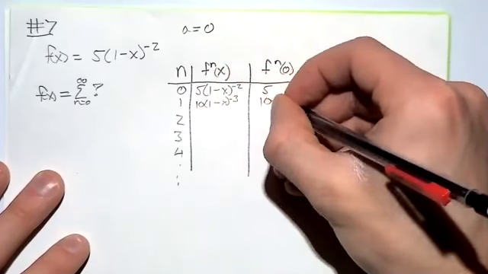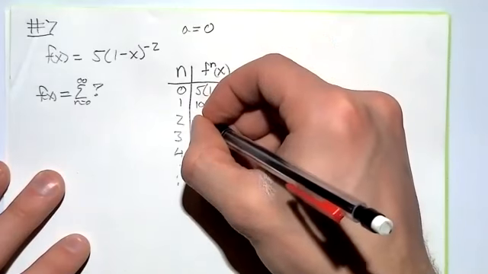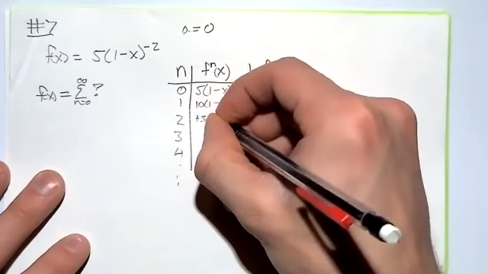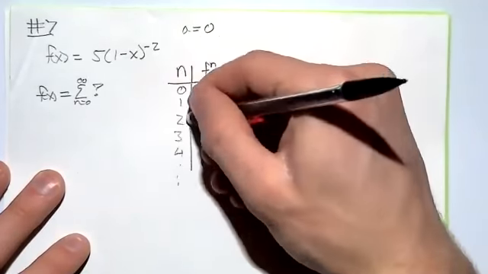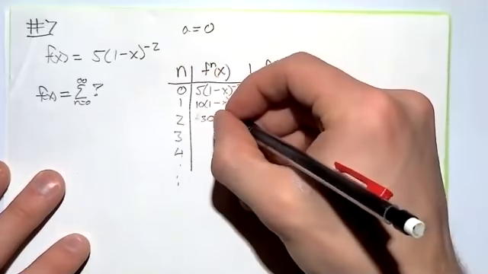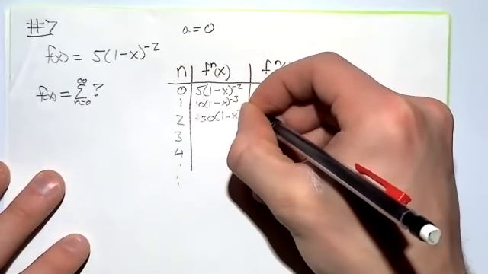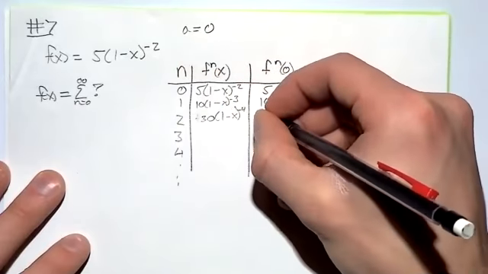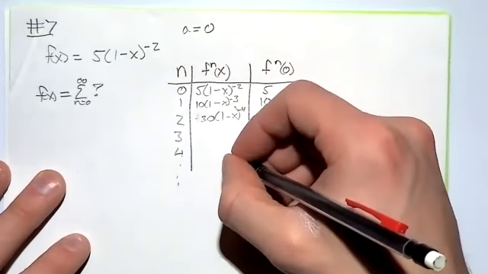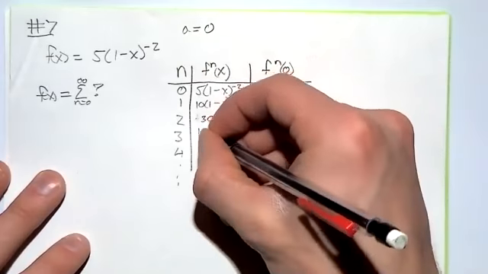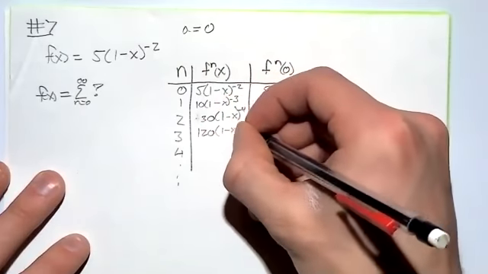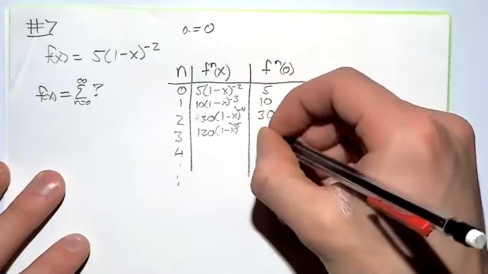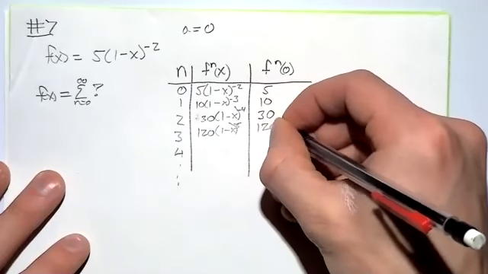Plug that in, we get 10. Next one, we're going to have 30, not negative 30, so we have a negative x in all those, times 1 minus x to the negative 4. We're going to get 30. Think about our next one, 120 times 1 minus x to the negative 5th. We're going to get 120.